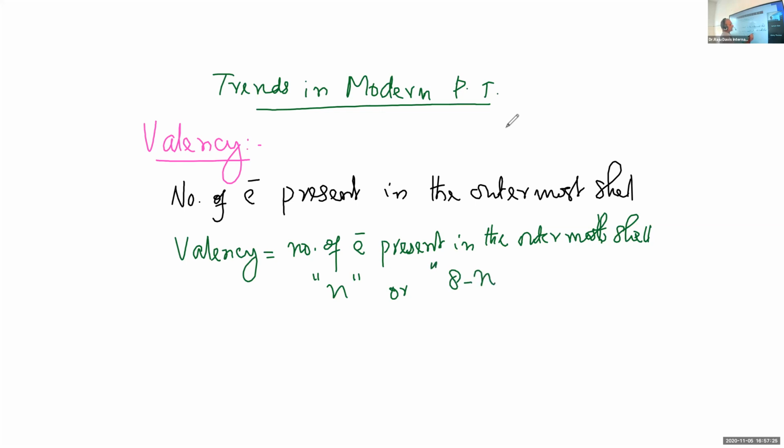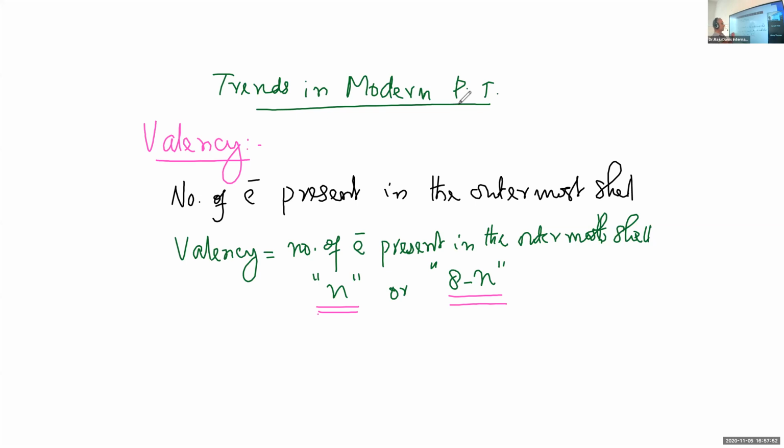So, valency of an element is equal to the number of electrons present in the outermost shell of an atom of the element, or 8 minus N, where 8 is the octet of electrons, as we have seen in the case of the noble gases.